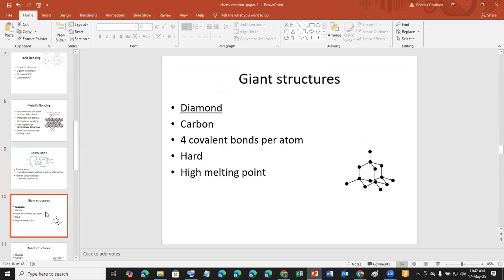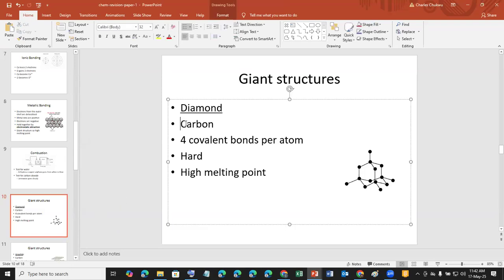Okay, we've also seen giant structures for covalent bonds, diamond and graphite. This one focuses on diamond. It's not a compound, it's a form of carbon, a giant covalent structure. 4 covalent bonds per atom.